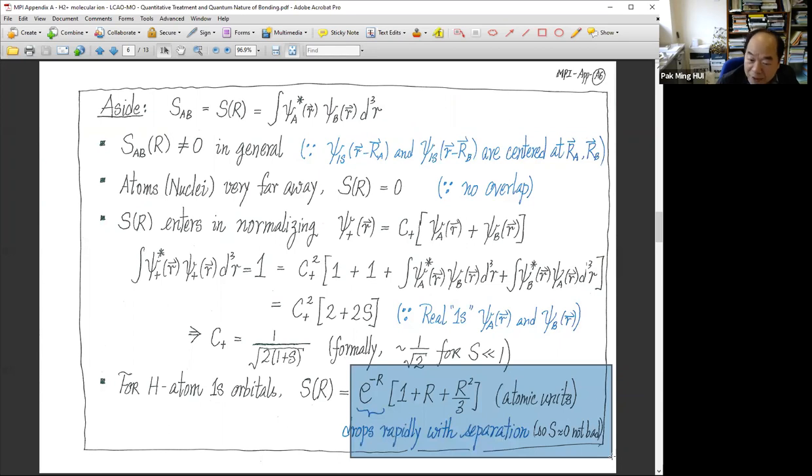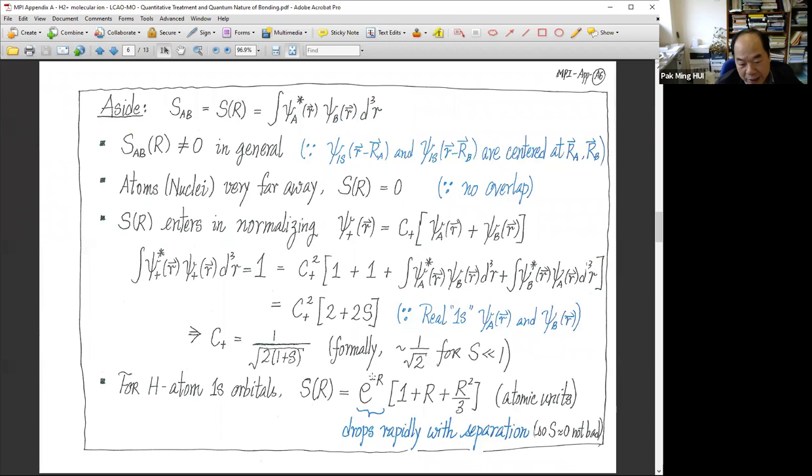But that justifies our discussion. If you write it back in SI units, this is minus R divided by the Bohr radius. Okay, this is in atomic units. Thereby, what we said is valid. When the separation is longer than a few Bohr radii, the exponential already killed everything, then this overlap is 0.